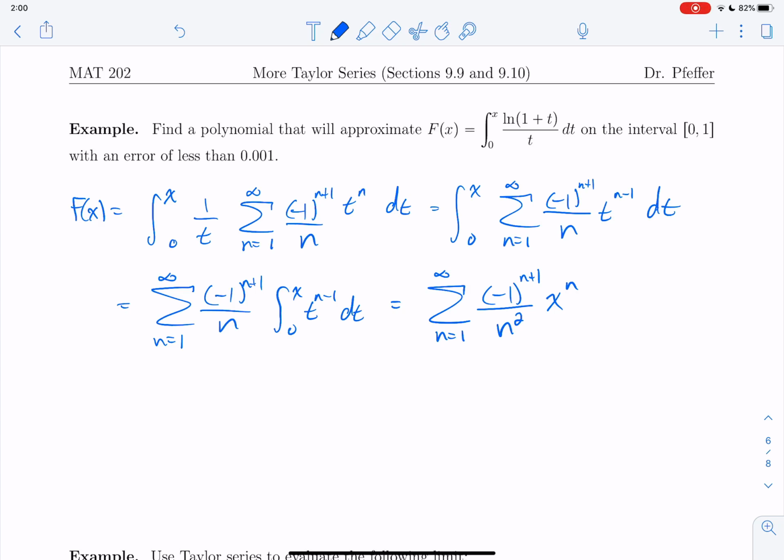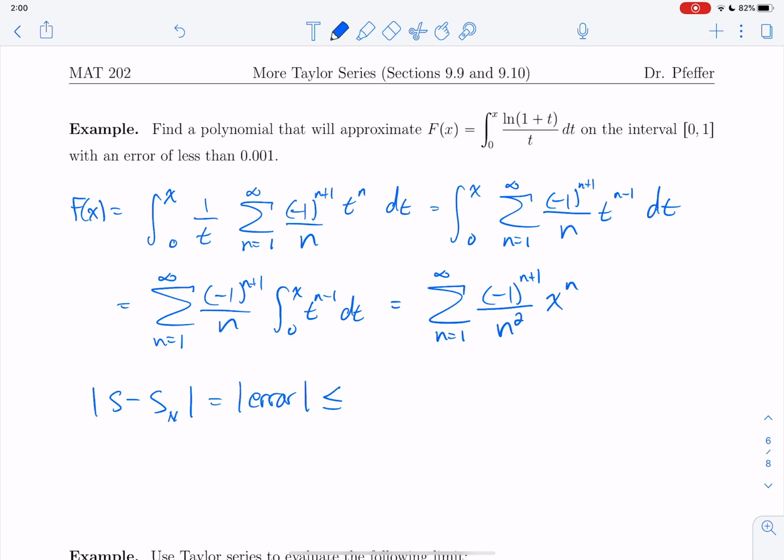And now the question is, what polynomial will approximate this with an error of less than 0.001? Well, this is an alternating series. So what that means is that if I take s minus s sub capital N, this is equal to the error by summing up to the capital Nth term.